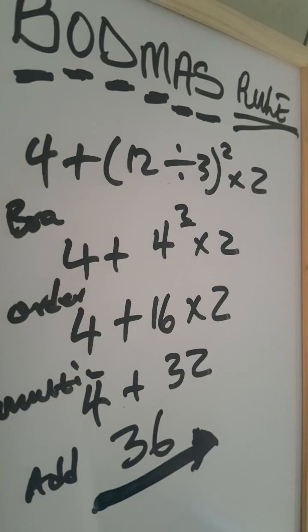So that is all from me for now. I hope you understand the BODMAS rule now with these few examples. I hope it will help you a lot. The people that didn't know about the BODMAS rule, now at least they know.